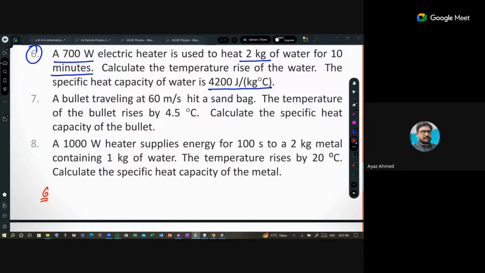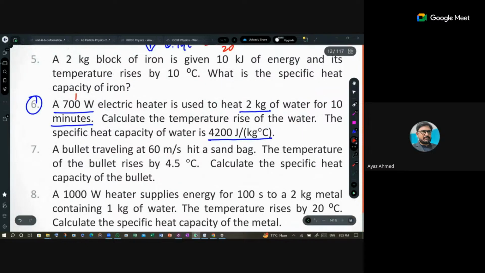What is this 700 watt? Electrically, isn't it power? Yes sir. And what else is given to me? Mass. Good. And what is this one? Time. And this one?